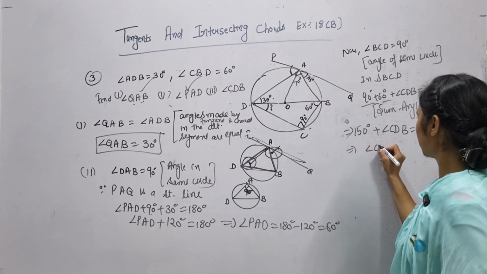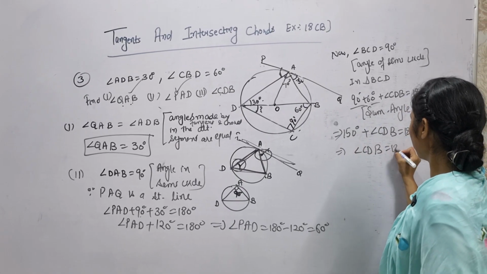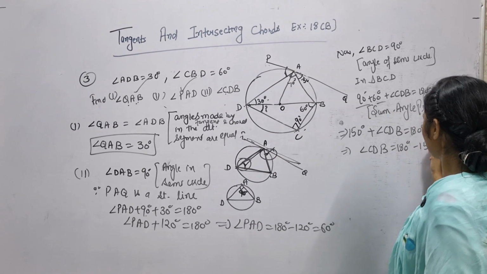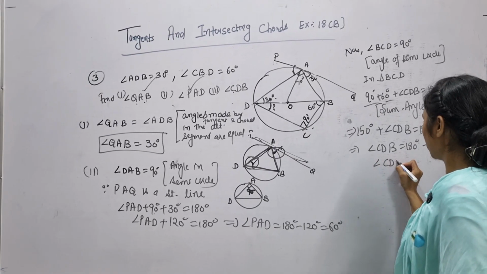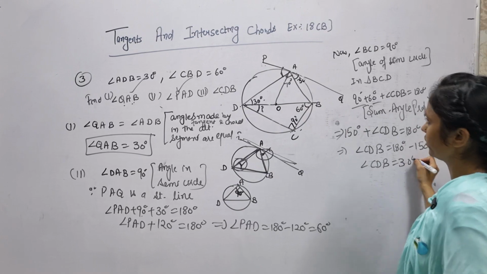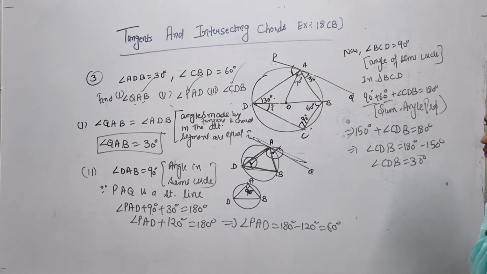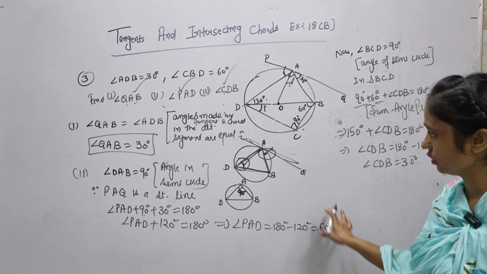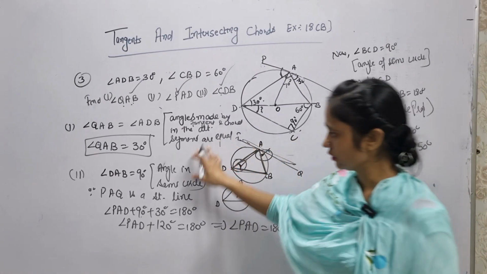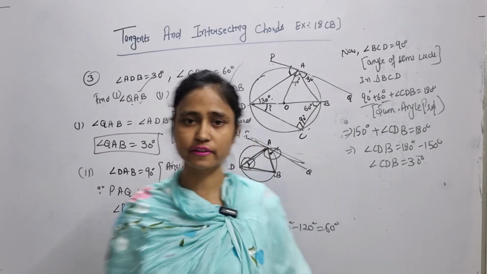That means CDB is equal to 180 minus 150, which is 30 degrees. Hence the third part is also done. Hope all these calculations and results are clear to you?